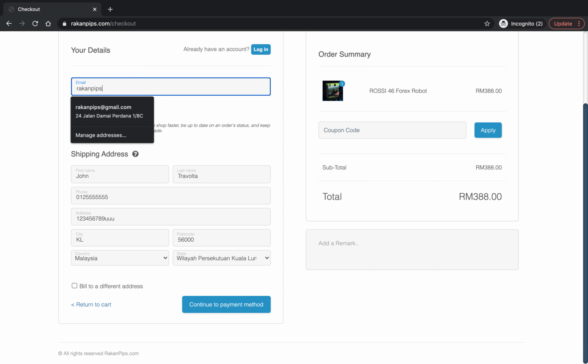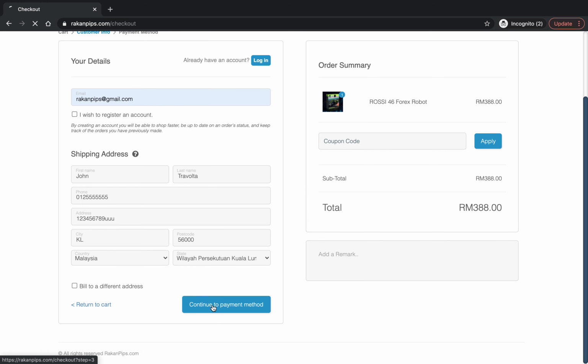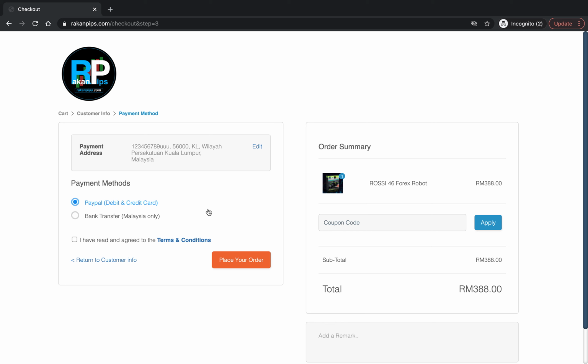Continue, and once you have filled in all your details, make sure you put your correct name and email address. If you want to pay using a debit or credit card, you can choose this option, click place your order and use your credit or debit card to make the payment.